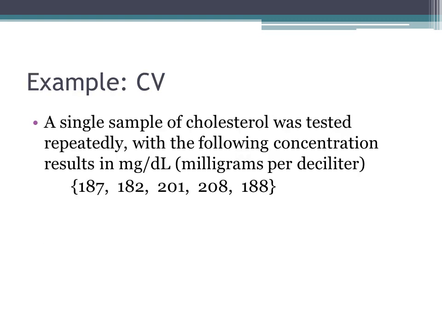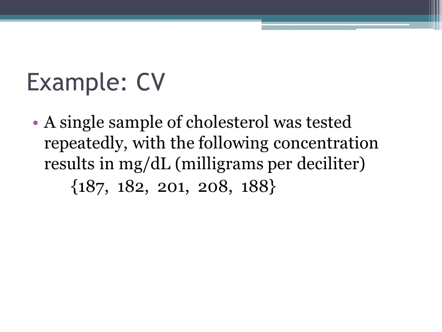For example, a sample of cholesterol is checked in the same lab 5 times. Each time it was checked, it came back with a different result as given: 187, 182, 201, 208, and 188 milligrams per deciliter.